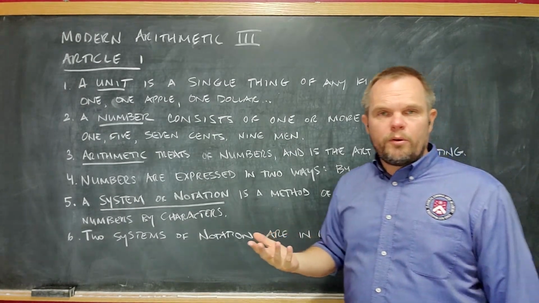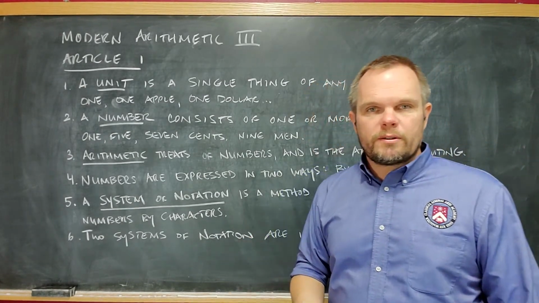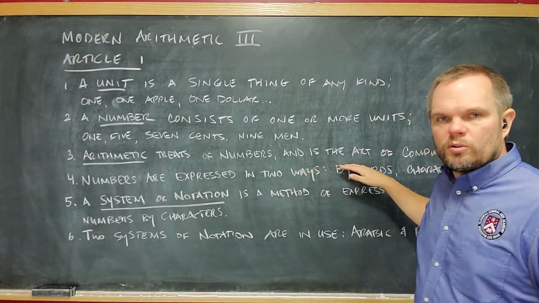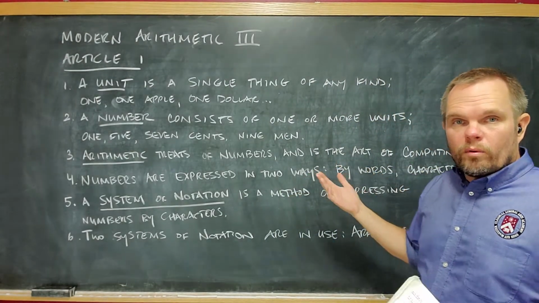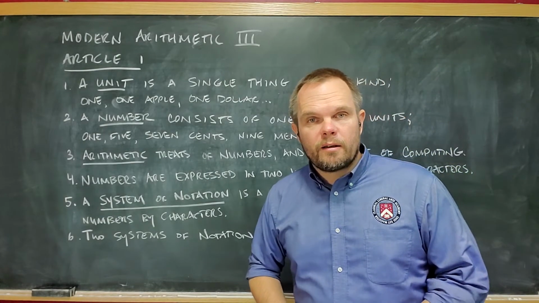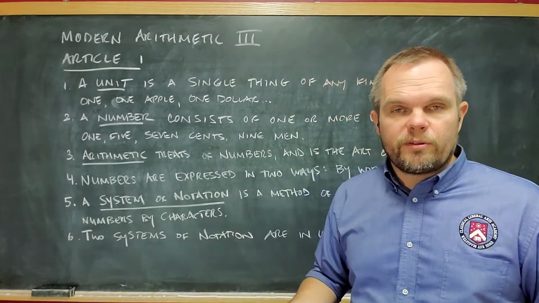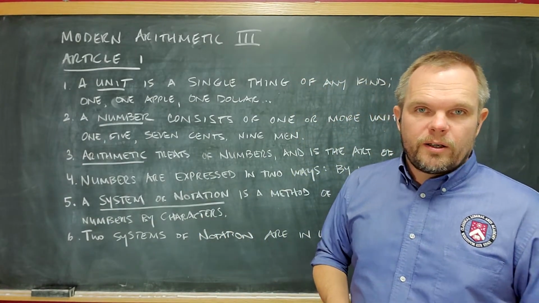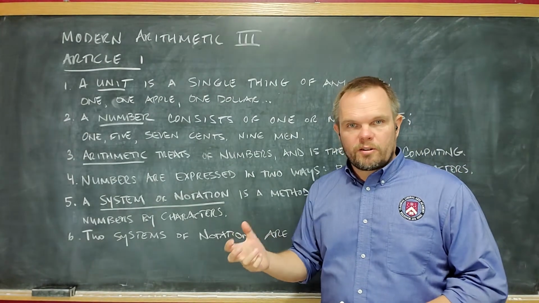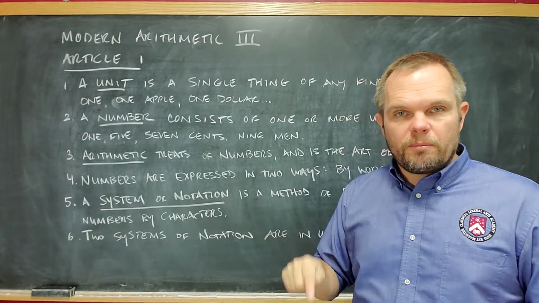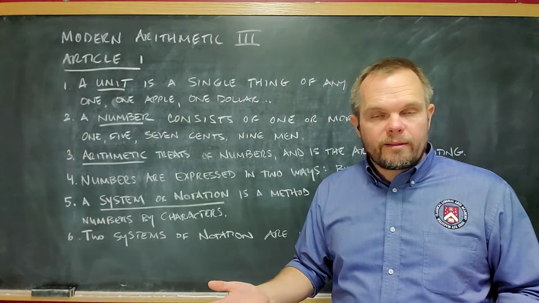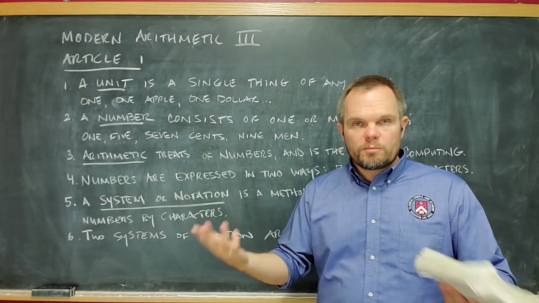This word computing sounds like computer, and we know what a computer is, but what does that have to do with numbers? When computers were first made, they were just like calculators. If you know what a calculator is, you can take a calculator, which is a little machine, and type numbers in it, and you can add things or subtract things or multiply things.